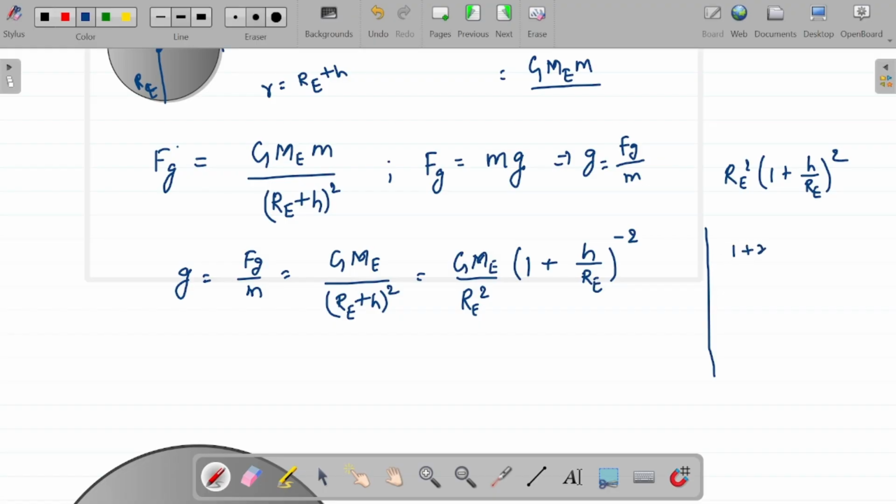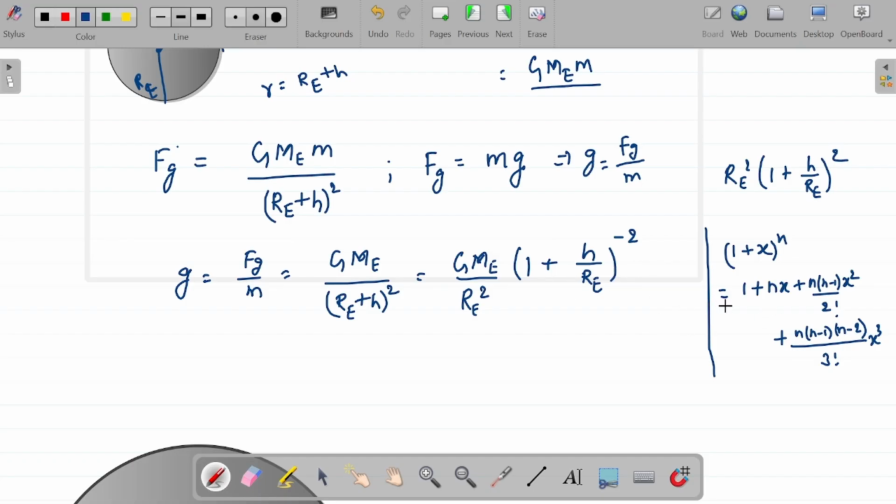So (1 plus x) to the power n can be written as 1 plus n x plus n into (n minus 1) x square divided by 2 factorial plus n into (n minus 1) into (n minus 2) divided by 3 factorial x cube. Now you might have understood the pattern. There is a general form of this also, but I am using the precise one which is needed here.